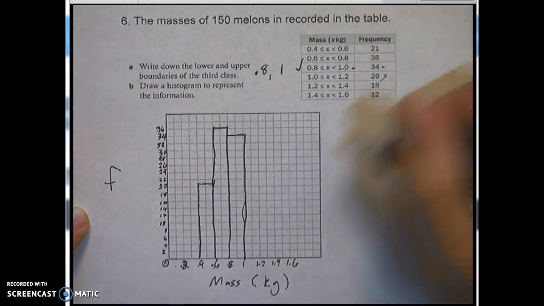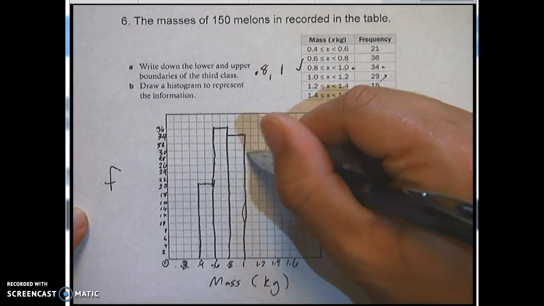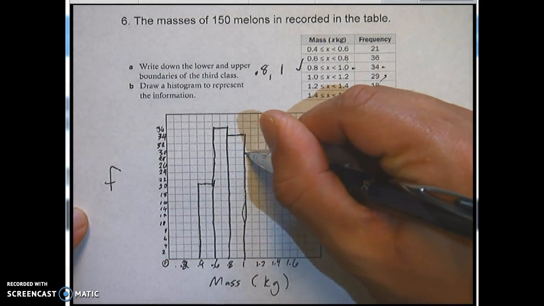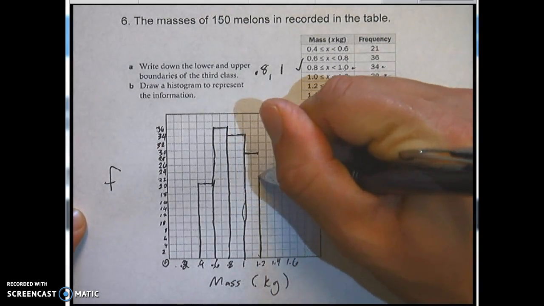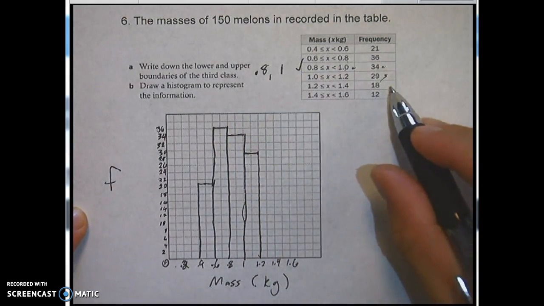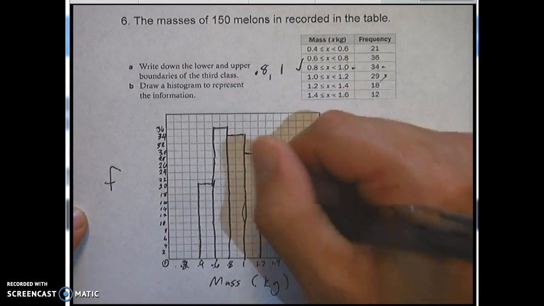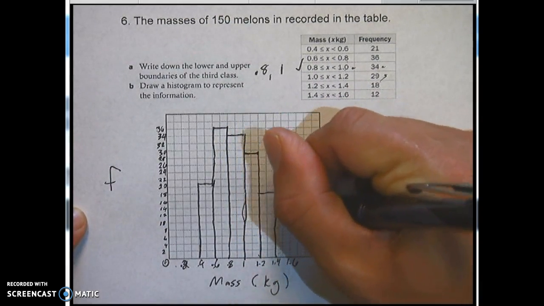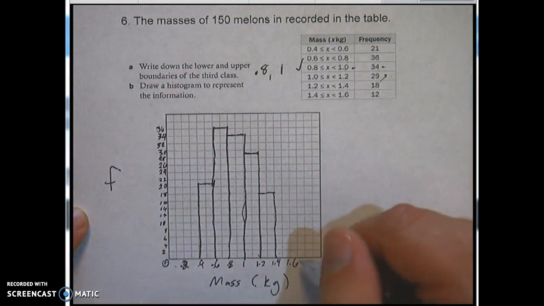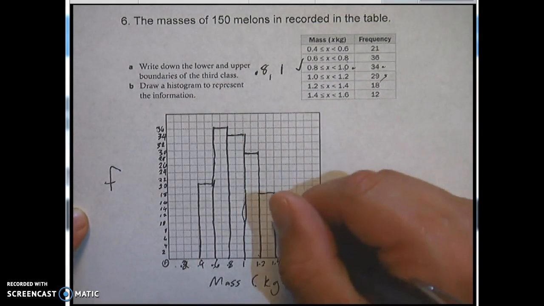From 1 to 1.2, it's 29, just halfway between 28 and 30. From 1.2 to 1.4, that's at 18. And then 1.4 to 1.6, that's at 12.